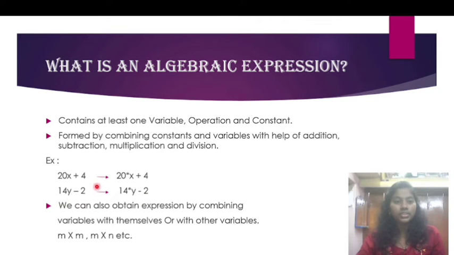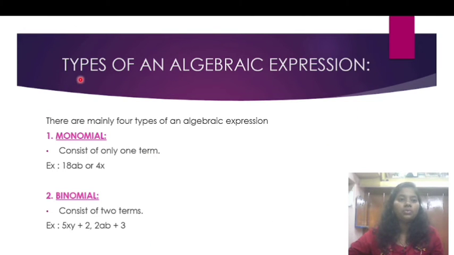So this is the algebraic expression, which is a combination of addition and multiplication in the first example, and in the second example it is a combination of multiplication and subtraction. Okay. So an algebraic expression can also be formed by combining variables with themselves or variables with other variables. Meaning m into m we can do, or also we can do m into n.